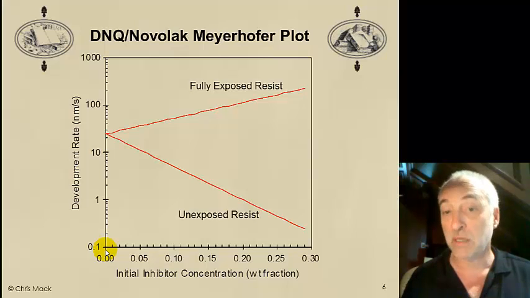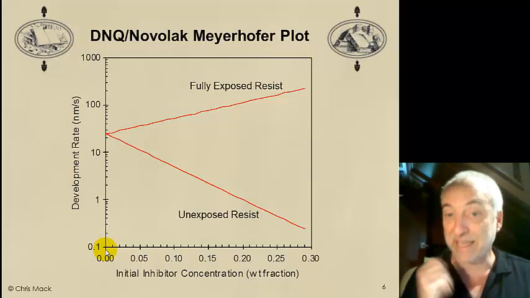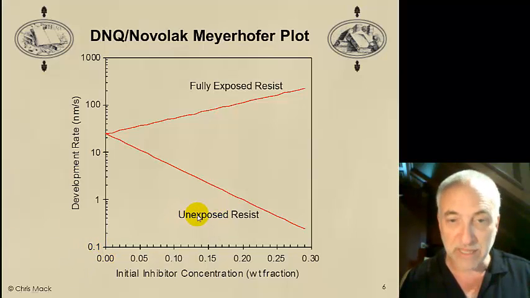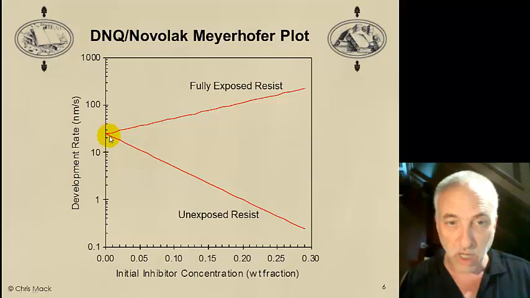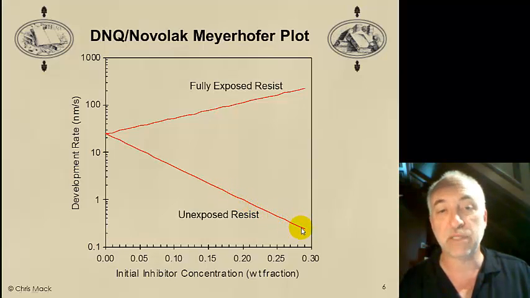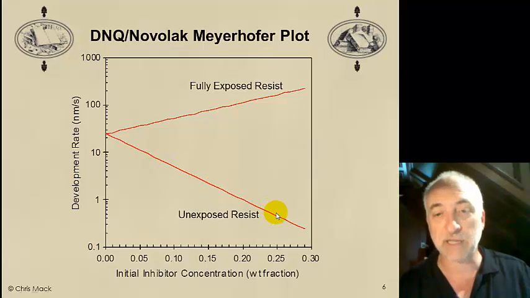But if I start adding DNQ, look what happens. Here I have unexposed resist, so I have nothing more than a mixture of resin and increasing amounts of sensitizer concentration. And what happens to my development rate? It goes down. Remember, this is a logarithmic scale, so it's going down exponentially.